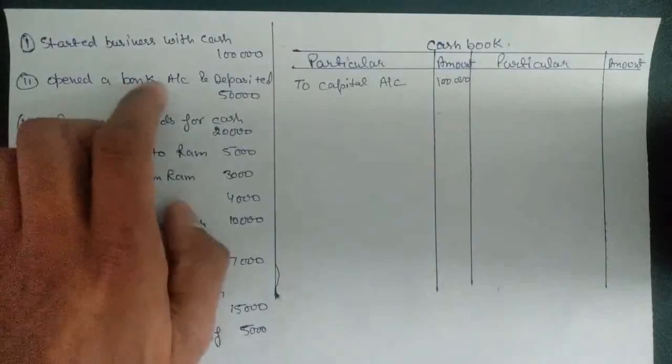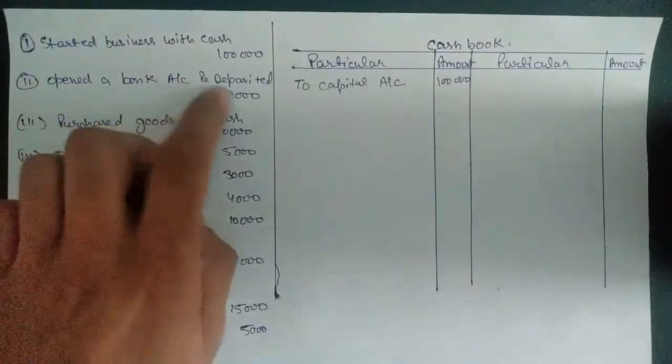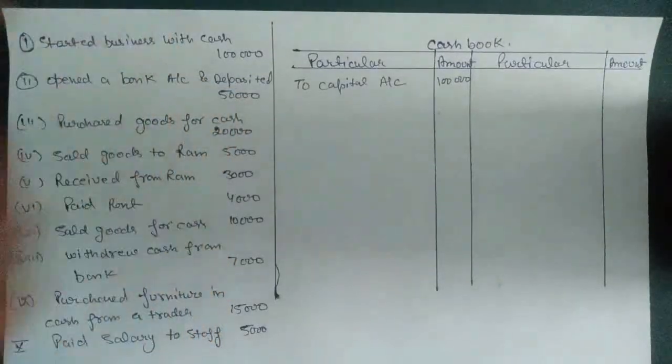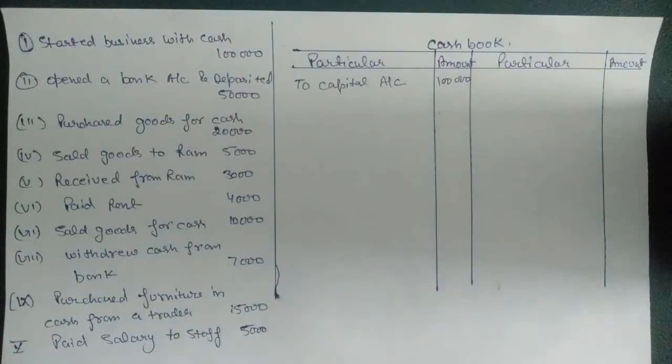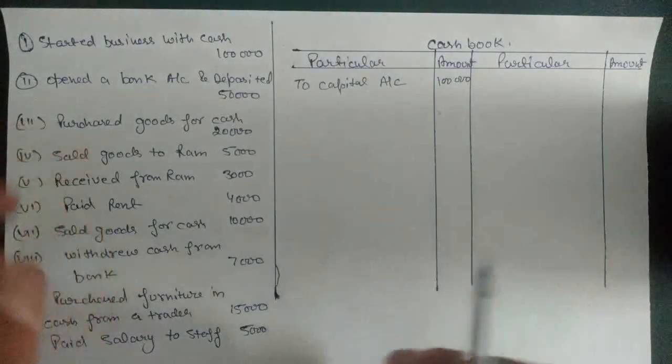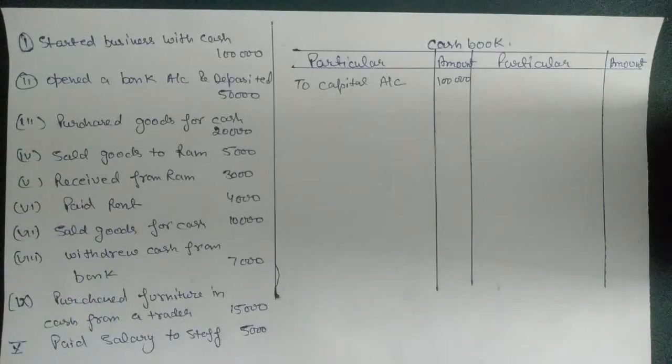Next thing is opened a bank account and deposited 50,000. It means an outflow of cash from the business, because we are opening a bank account and we have to deposit 50,000 in that. We got money in the bank account. It is also our money, but it is now in the bank account.